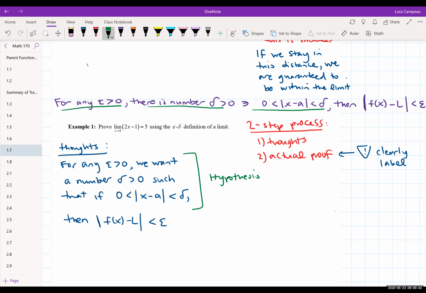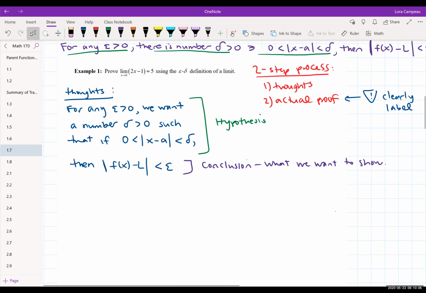Everything we assume to be true or we're trying to make set up, so that if everything there is true, we're going to talk about our conclusion of what we want to show. And I may need more paper than I originally left here, so keep that in mind.